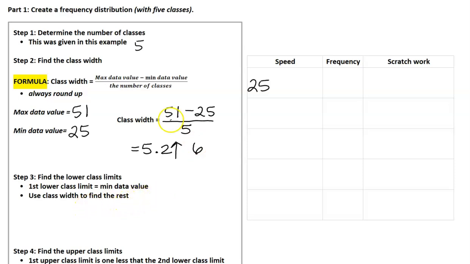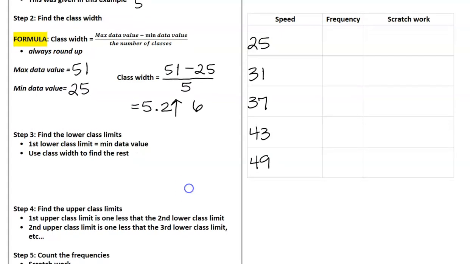So we add the class width of 6 to 25 to give us the lower class limit of the second class. 25 plus 6 is equal to 31. We will add 6 again to find the lower class limit of the third class. 31 plus 6 is 37. We will add 6 again. That gives us 43. And finally, for the lower class limit of the last class, 43 plus 6 is equal to 49.